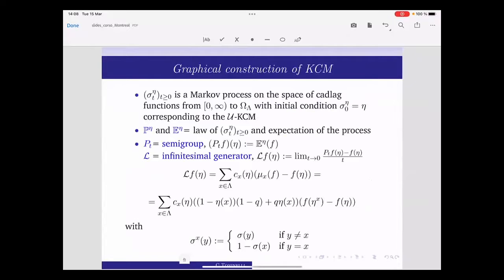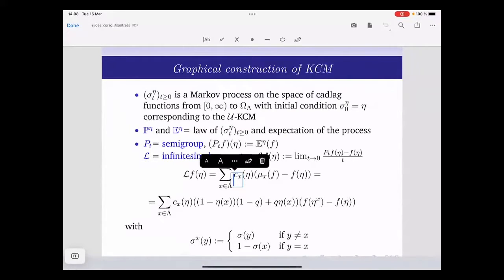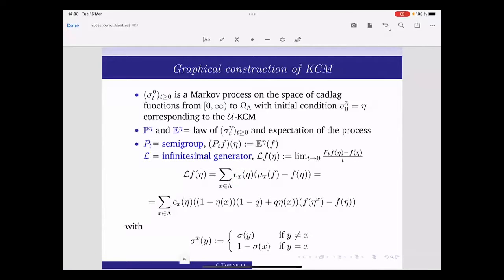Namely, we have the sum over all sites of a function c, giving us the constraint on that site, which is 1 if the site to the right is empty and 0 otherwise. And then the update puts the equilibrium measure on that site, with respect to the Bernoulli measure, which gives weight 1 minus q to occupied sites and q to empty sites.